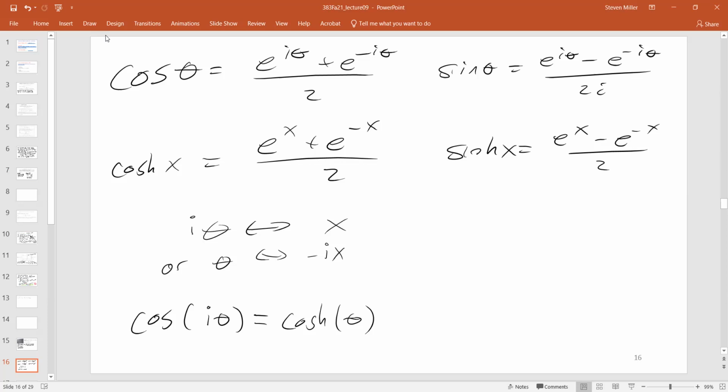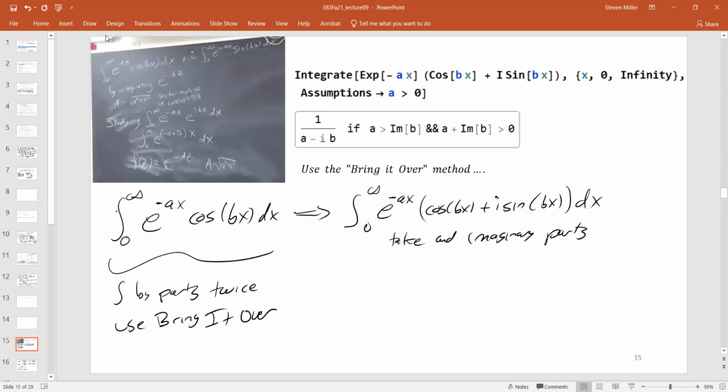Right, you'll have a factor of i coming in there. Yes, so the signs will be a little bit different. But you can actually make sense of taking the cosine of an imaginary angle. And there's a relationship between the hyperbolic function and the trig function. When you see this relationship, it's not so surprising that you can pass back and forth between them.